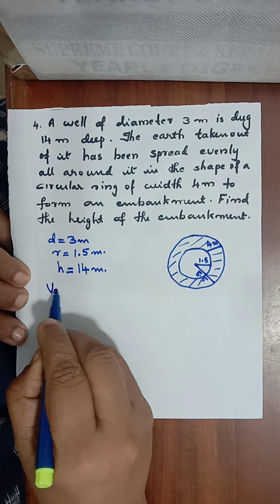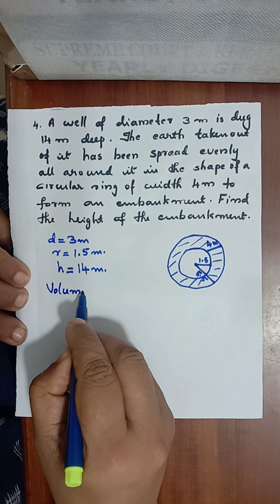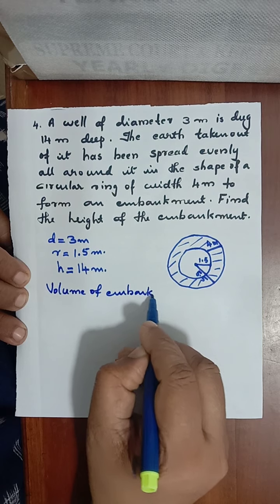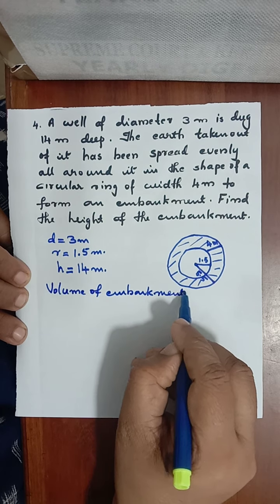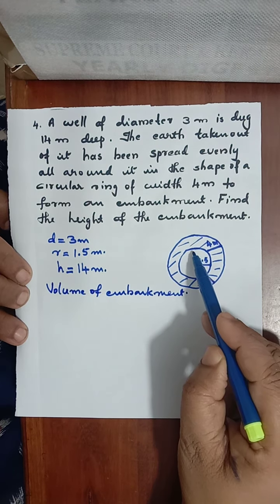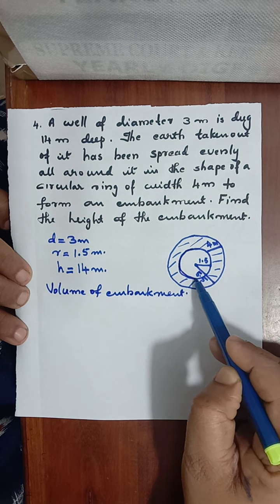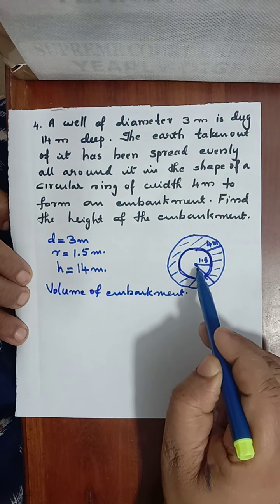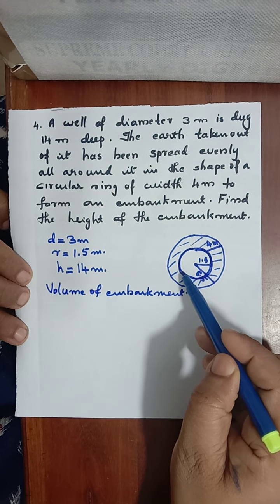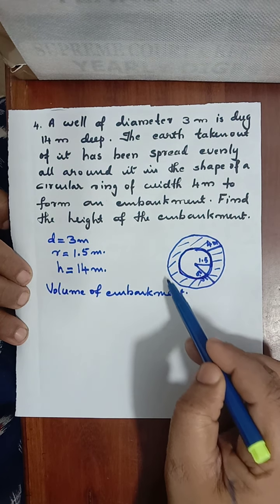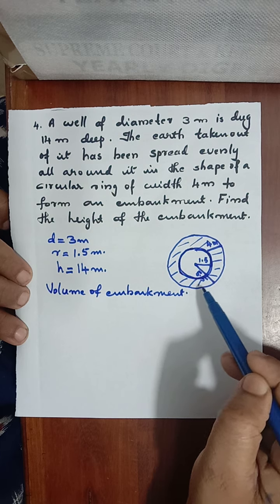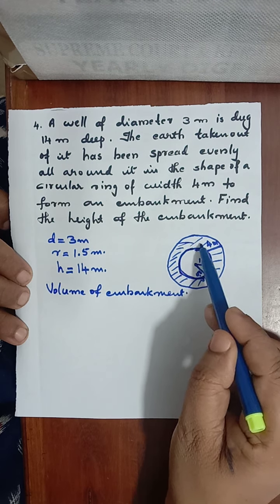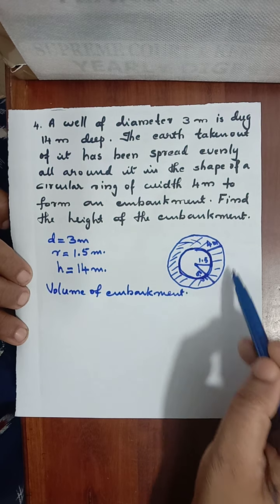Volume of embankment, how do we get that? Here we have a small circular portion. This vacant part shows the inside part of the well, and this is the platform's outer ring. The shaded part is the platform part, and its area we have to find out.